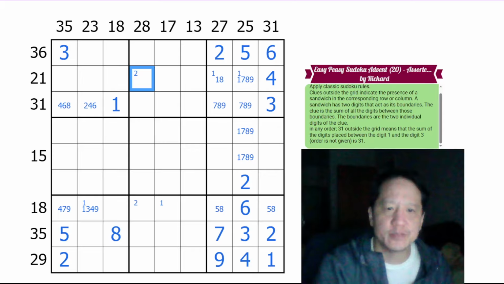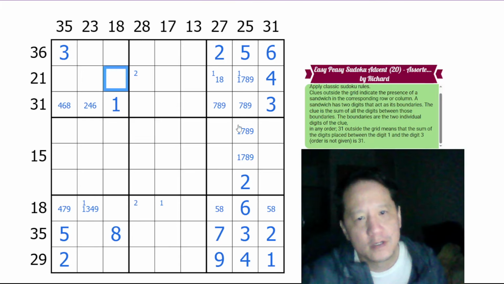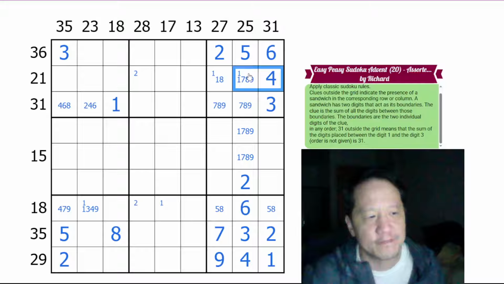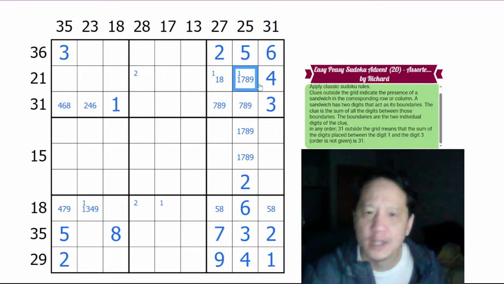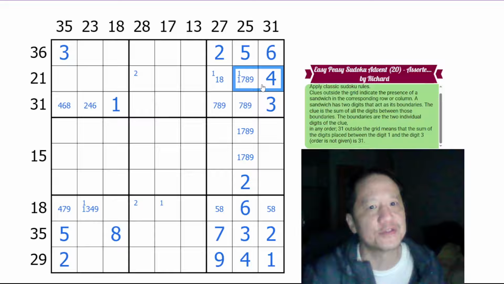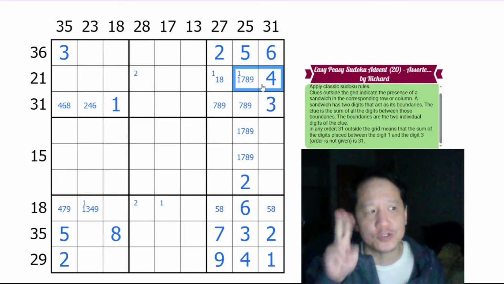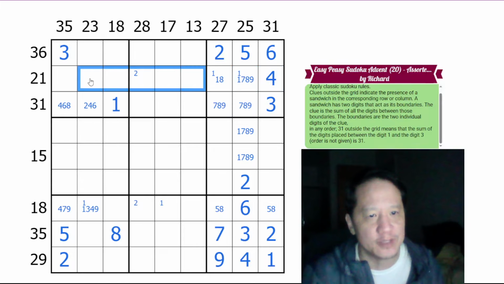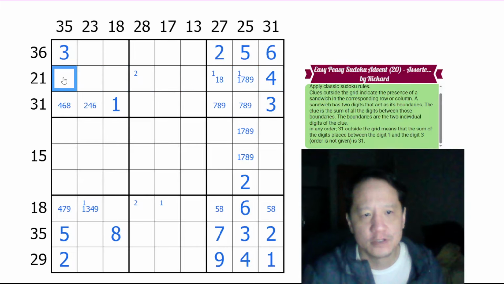So 2 has to be either here. I don't think it could be here. If this is 2 and this is 1, outside would be at most 9 and, actually, no, 9 and 4, which adds up to 13. 45 minus 13 minus 2 and 1. So 13 plus 2 and 1 is 16, which adds up to 29 in between, which is not allowed. So this cannot be 2.